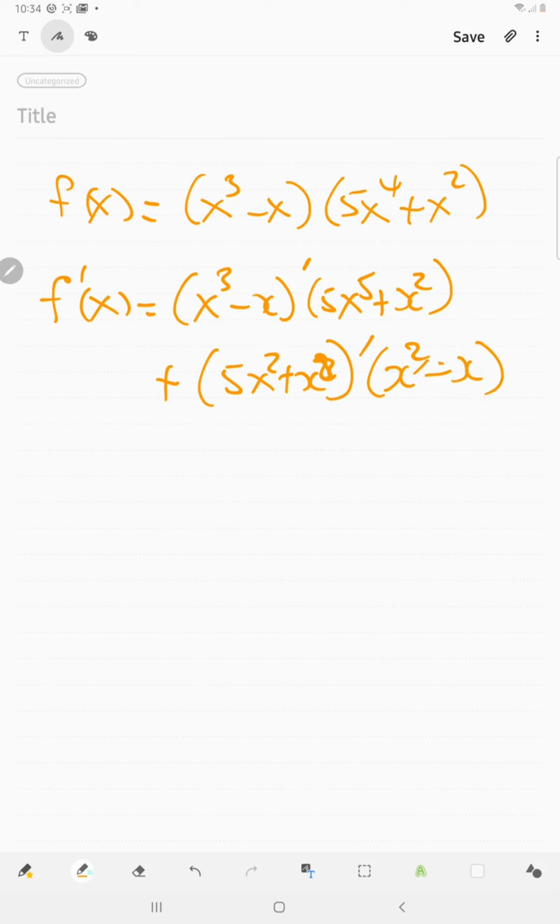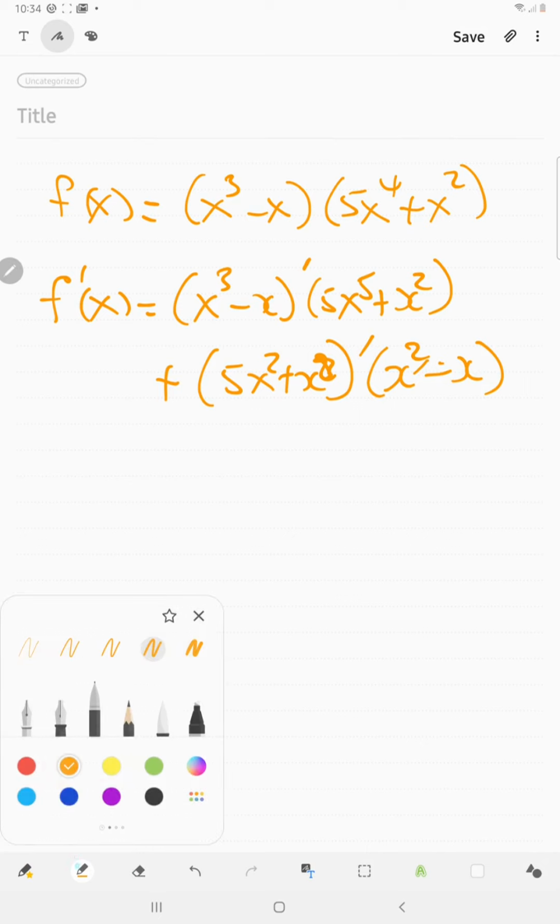So at the end, you can start simplifying by going inside the equations.